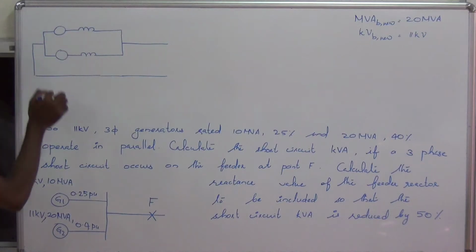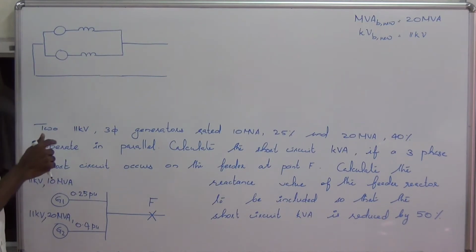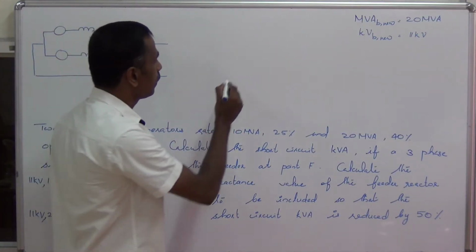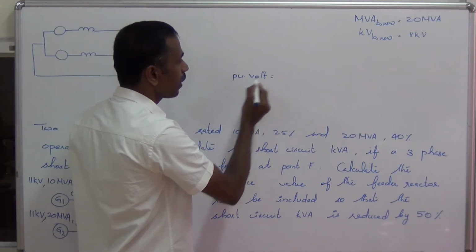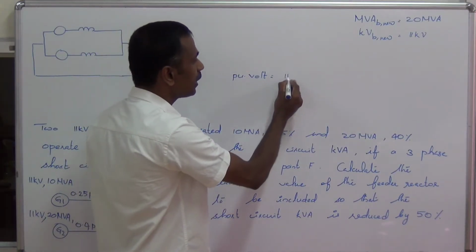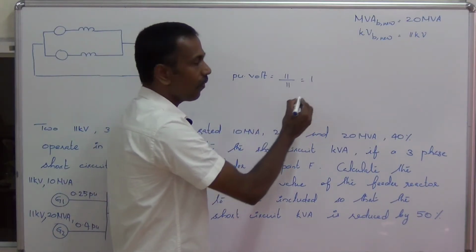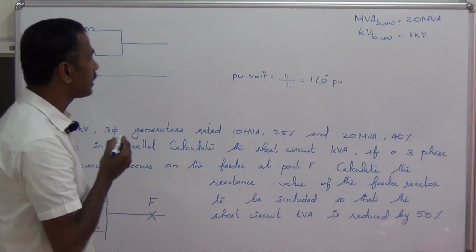The voltage of the first generator and the second generator are both 11 kV. Our base kilovolt is also 11 kV. So the per unit voltage will be the actual voltage of the generator divided by the base kilovolt, which is equal to 1 angle 0 per unit, or 1 plus j0.